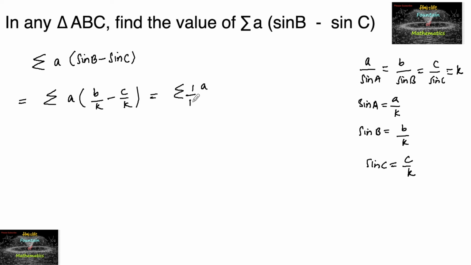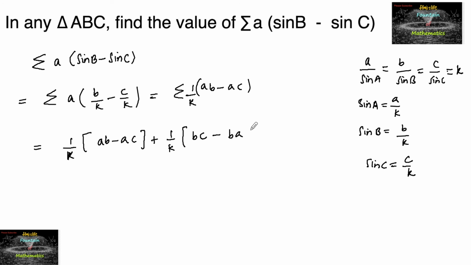1 upon k times ab minus ac. If we expand the summation here, 1 upon k times, in cyclic order, ab minus ac is the first term, plus again 1 upon k times, ab will turn to bc and ac will be taken as ba, second term, and third, 1 upon k times bc will change to ca minus ba will change to cb.